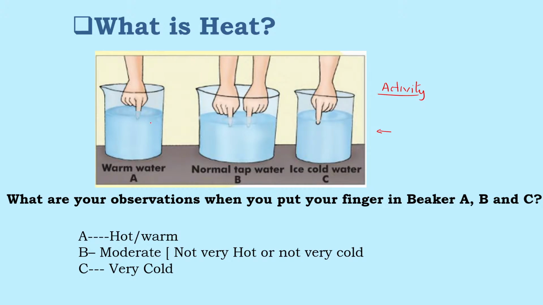You will put the finger of your left hand in warm water and the finger of your right hand in ice cold water, and you will keep them there for 1 minute. After 1 minute, you will take out your hands, left and right, and put them in bowl B, where we have kept normal water, and you will observe something.